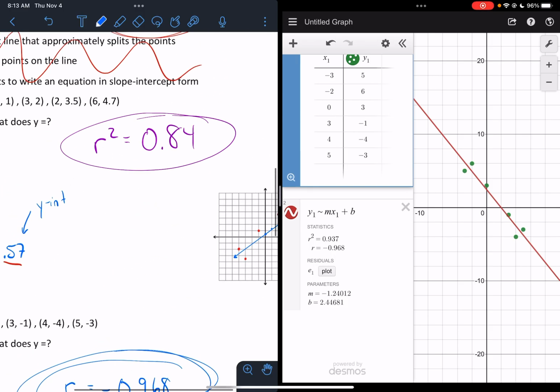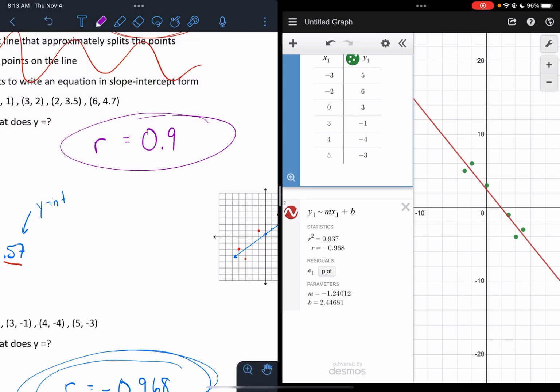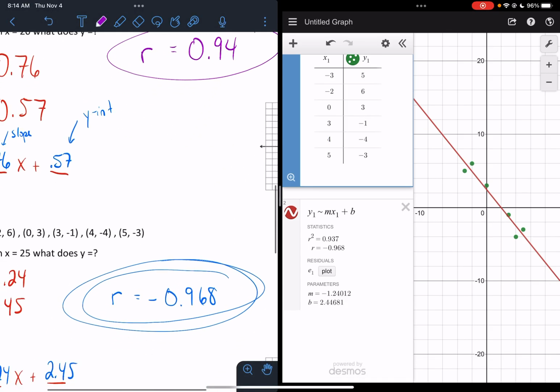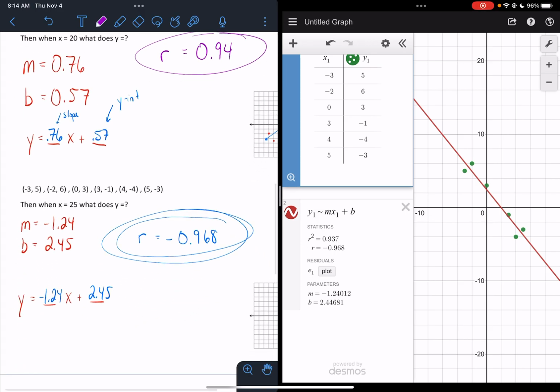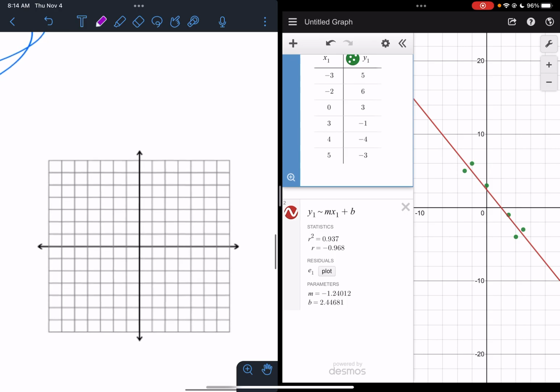I guess for this top one, I should have used my R value rather than my R squared, which I believe was closer to 0.9. It was 0.9, I think it was 0.94 is what it was. Okay, and again, there's my R value. And then what I can do is the same thing. I can go ahead and plot my ordered pairs on my graph.